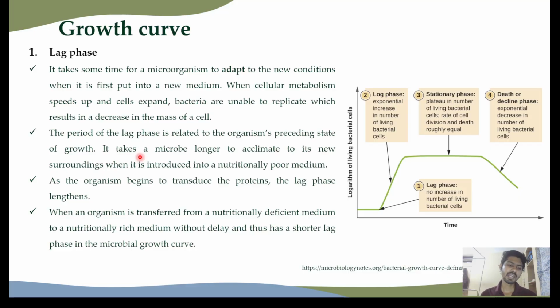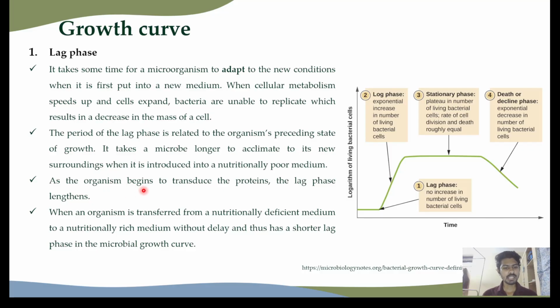What happens if the period is very long? Efficient degradation or efficient growth will not be observed in this case. So it's best to have a nutritionally rich media in order to have a shorter lag phase.